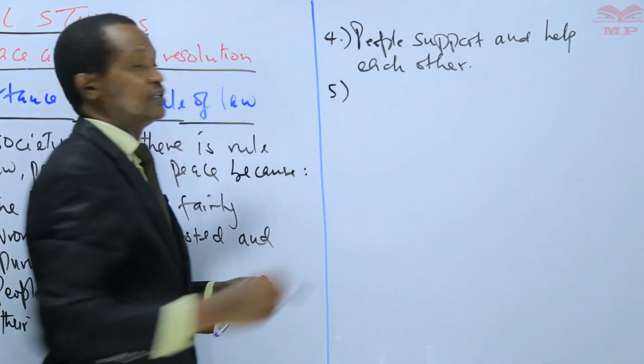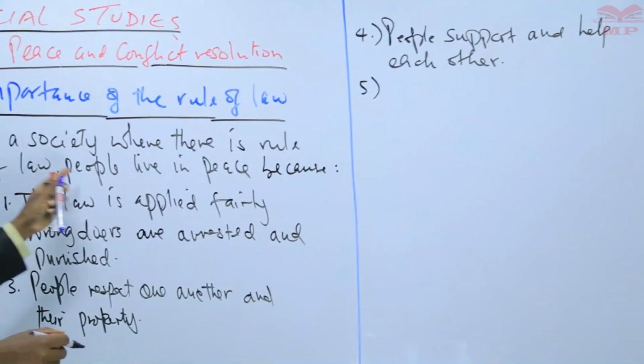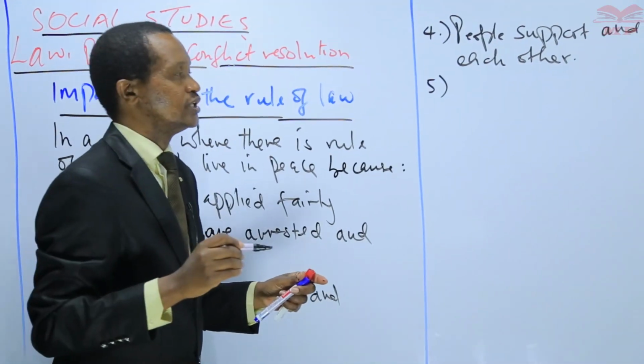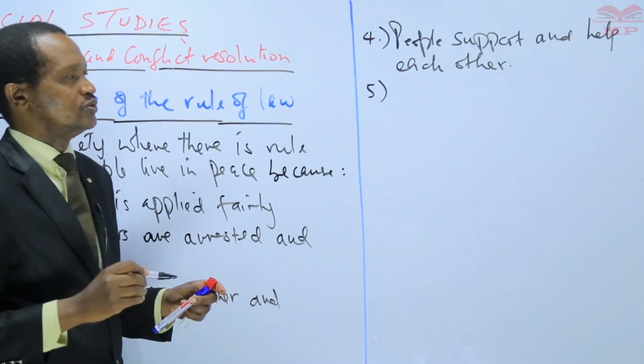Number 5, learners, in a society where there is rule of law, people live in peace because children are also able to go to school. Okay?